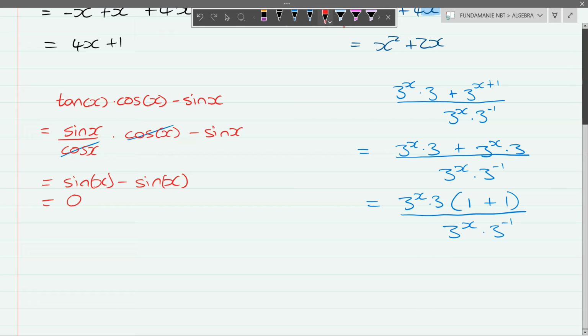Therefore, we can cancel out 3 to the x with 3 to the x, and what we're going to be left with then is 3 times 2 from this bracket would give us 6 over 3 to the minus 1. But then using the laws of exponents, we're going to have 6 multiplied by 3 and eventually get 18 as our answer.